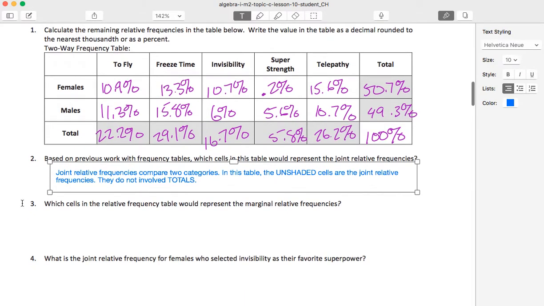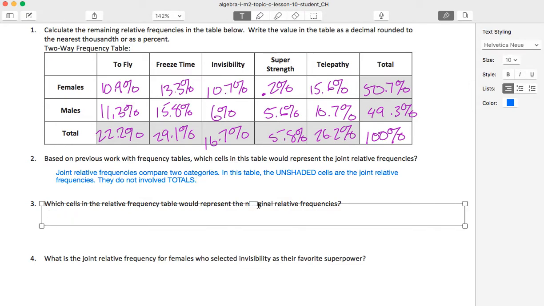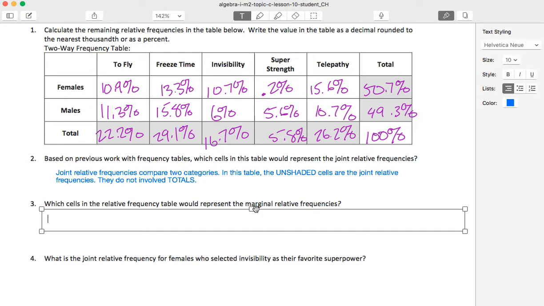Okay, which cells in this relative frequency table would represent marginal relative frequencies? So marginal, you think of the word margins, and that's similar to saying that those are like the edges or borders of the table.